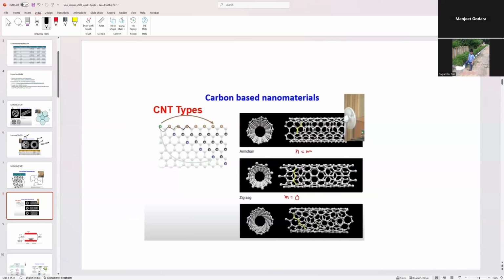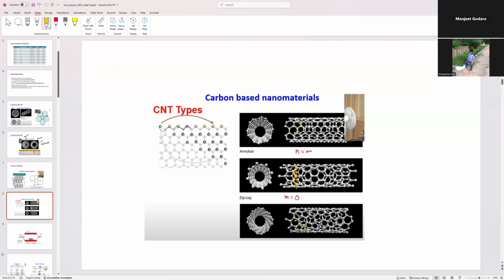Here you see this zigzag structure. You go around along the diameter of the tube. So this is your zigzag along the diameter, if you see.